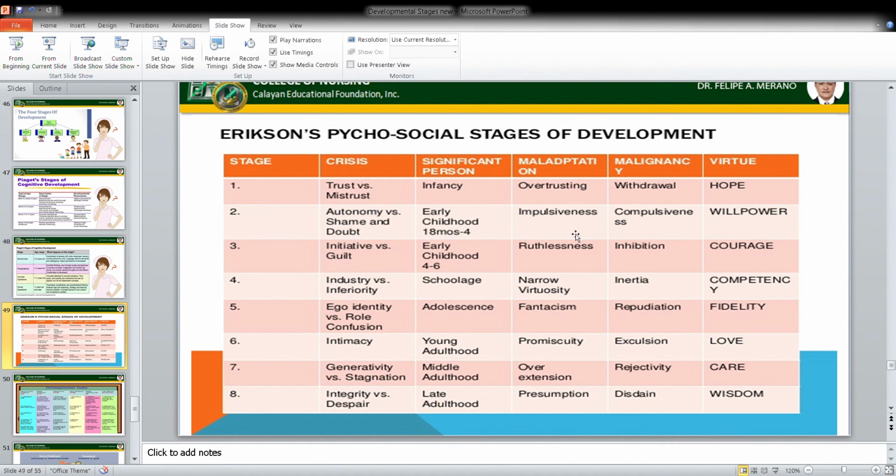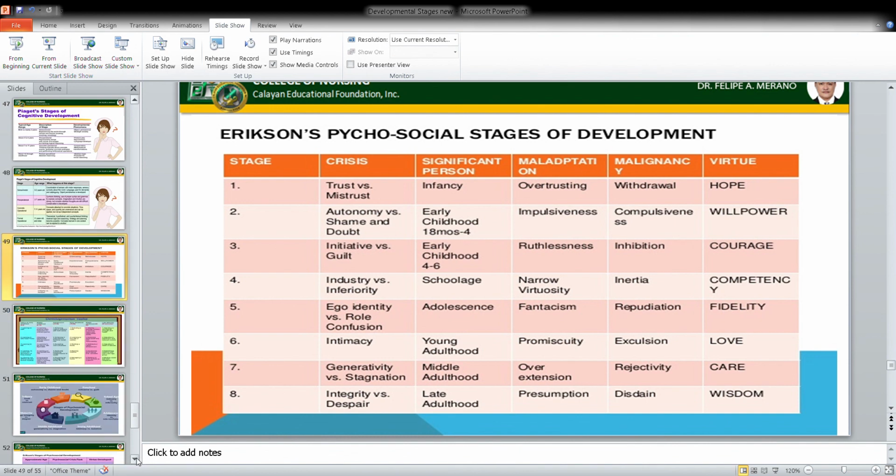You will just see everything they bought displayed, not used, because impulsiveness developed in them, because they were not taught how to become independent, the autonomy. So that is compulsiveness. But if you were taught the proper autonomy during early childhood, then you will have willpower in yourself today. So this is the significance of each part of Erikson's psychosocial stages. And you need to better understand that so that you could apply it to your patients.